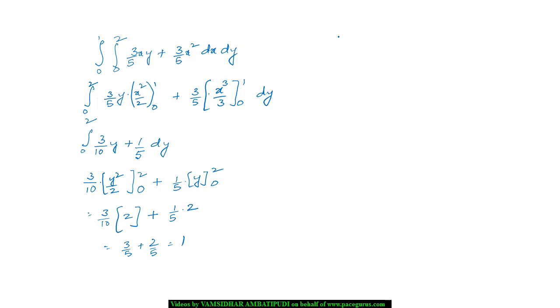Now we are trying to evaluate, probably by integrating between x is 0 and 0.5 and y is between 1 and 2. I am trying to evaluate 3/5 xy + 3/5 x² dx dy.